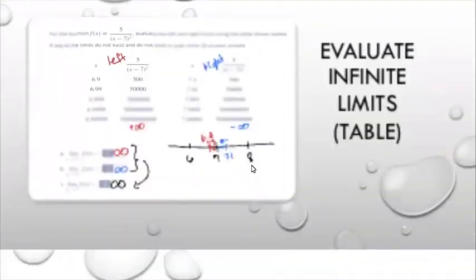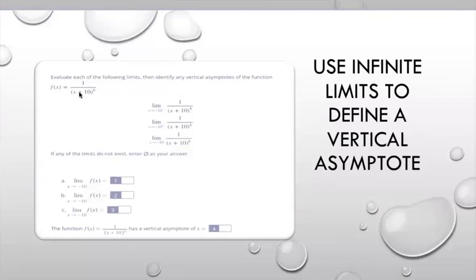All right, so when we have the asymptote, because the graph cannot cross the vertical asymptote, you have that infinity or negative infinity as your results from the limits. All right, last example in here, f of x equals 1 over x plus 10 to the power of 6.